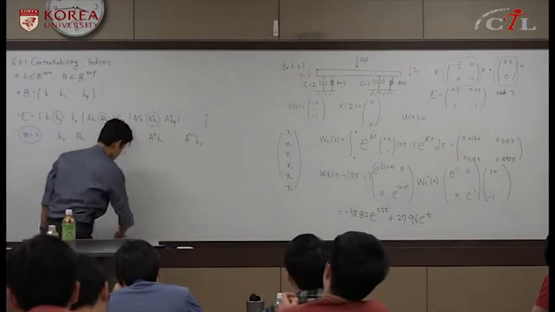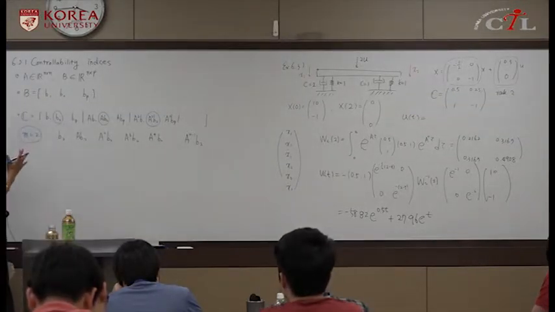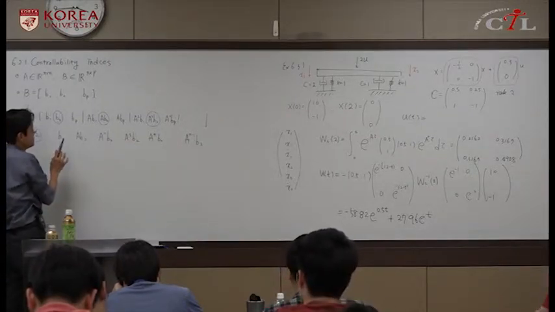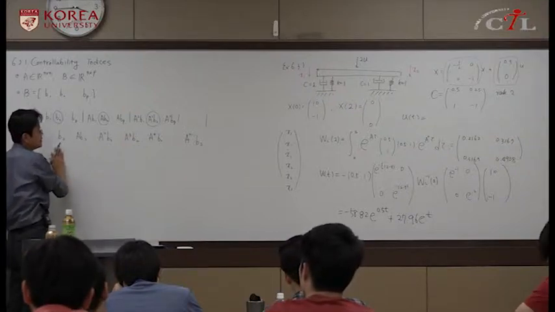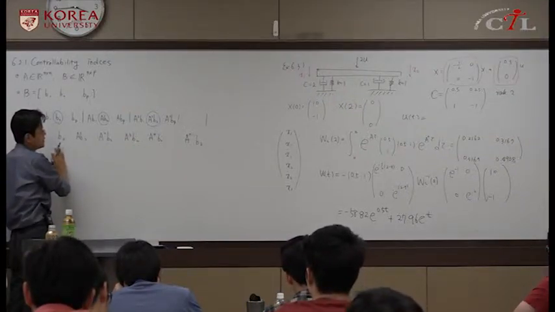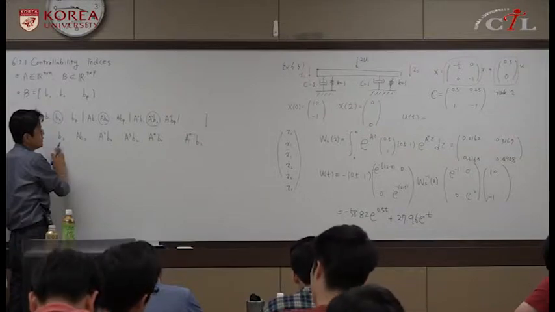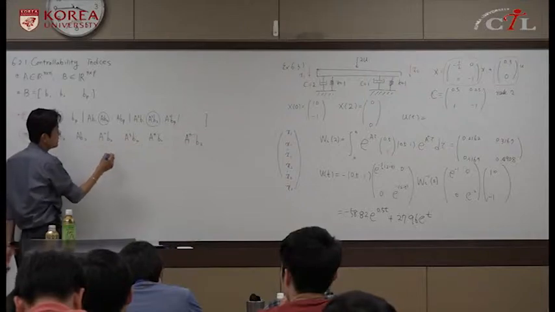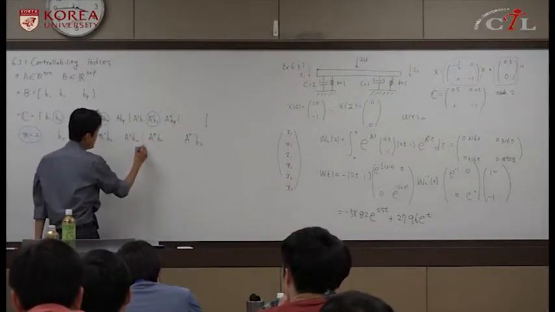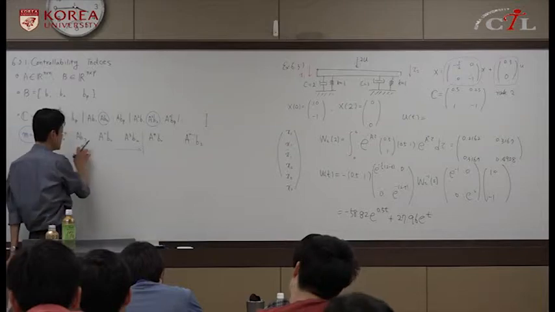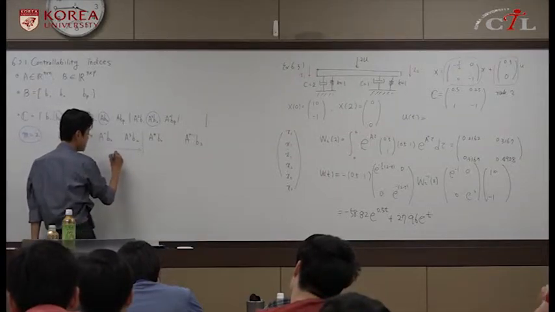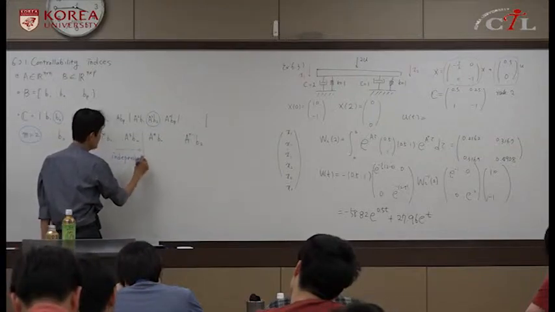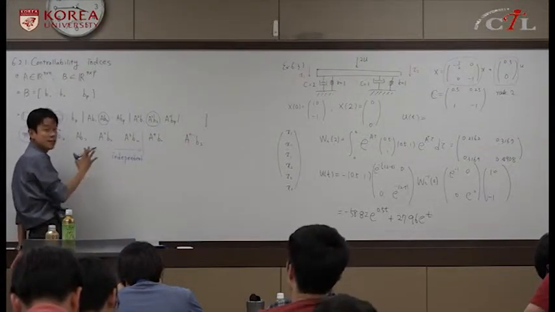Then, let's say, up to this point, those vectors are linearly independent. Each vector up to this point is linearly independent.